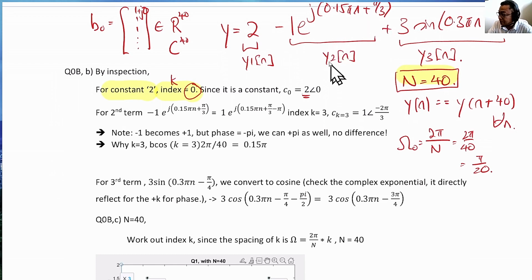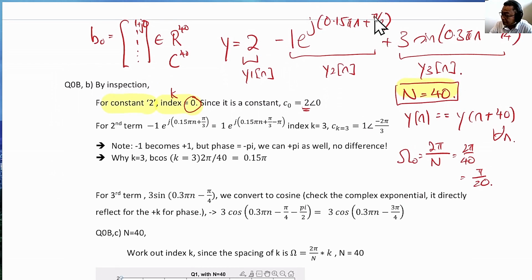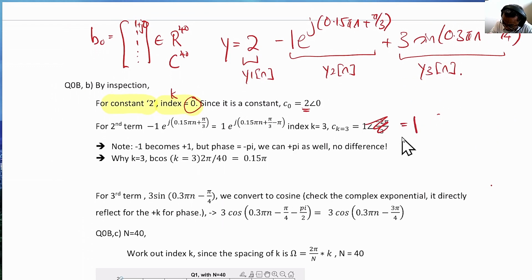Now, what about Y2 of n? Y2 of n simply has this coefficient minus 1 with angle pi over 3. There's an error here: it should be 1 angle pi over 3. Okay, exactly.